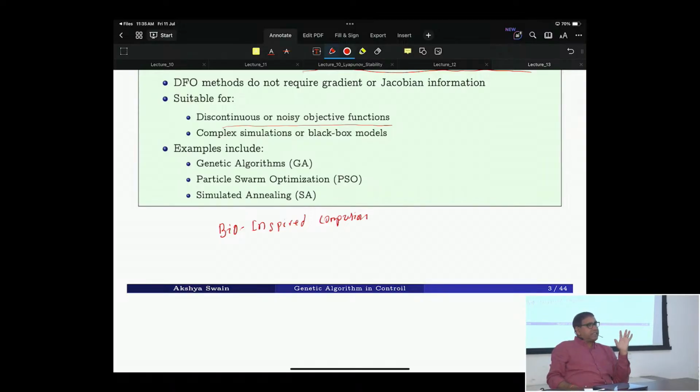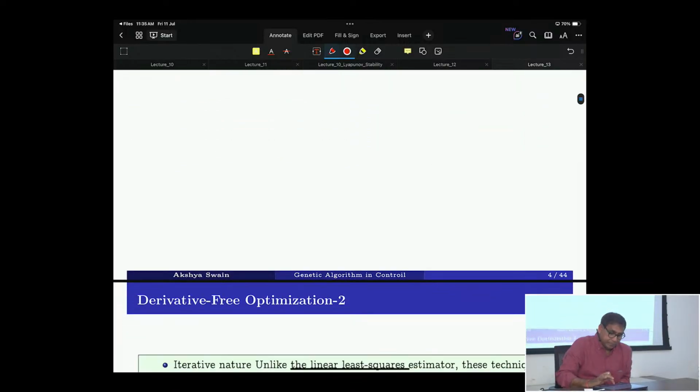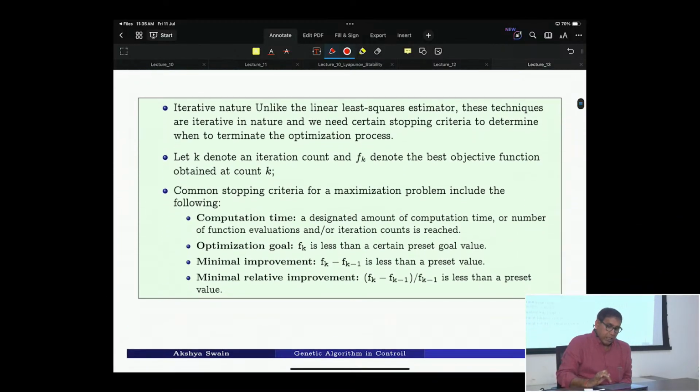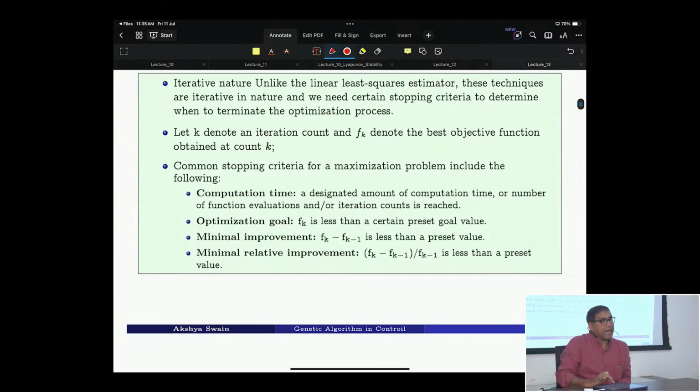So these are essentially optimization algorithms. Now these things are being used in many applications, in control, in signal processing, in identification. Many places these are being used. The concept is essentially optimization, derivative-free optimization, and it is iterative. We will see to that.